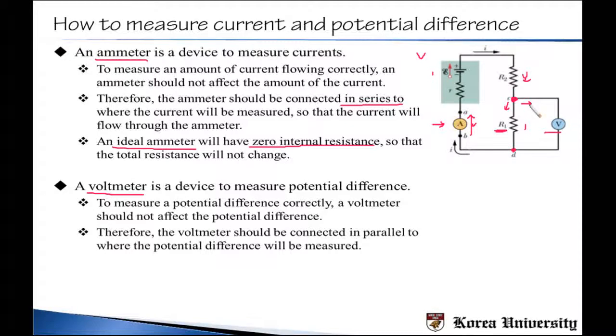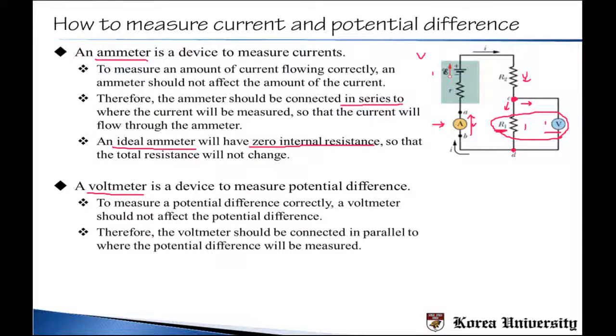If there is some resistance inside this voltmeter, then what could happen? The total resistance between R1 and this voltmeter, because they are connected in parallel, may be decreased. So the amount of current may increase. And if the amount of current increases, then the potential may be changing. That's what you do not want.